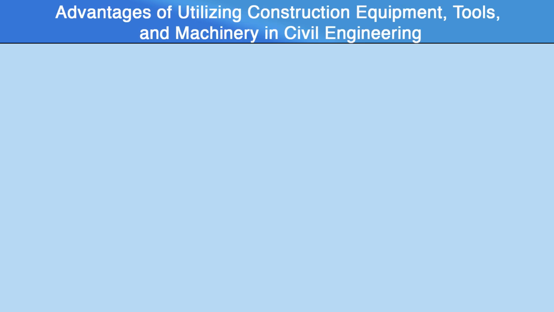Now, advantages of utilizing construction equipment, tools and machinery in civil engineering. In the field of civil engineering, the use of construction equipment, tools and machinery offers numerous advantages, enhancing the efficiency, safety and quality of construction projects.